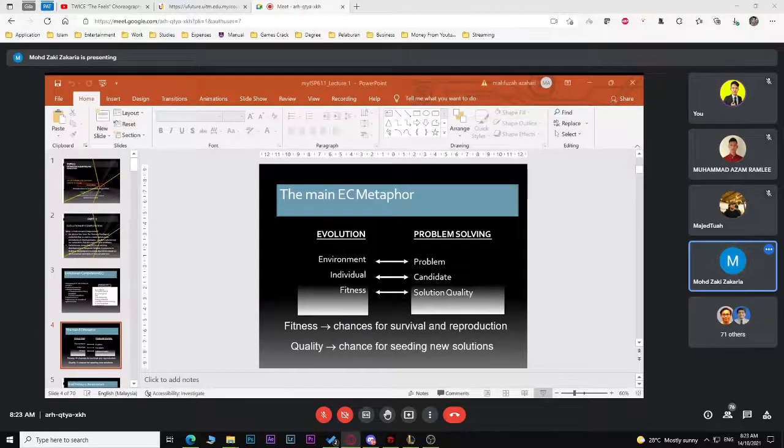And then evolutionary computing in the 21st century: this is the conferences and journals that we have today. Very uncountable applications, and so on.